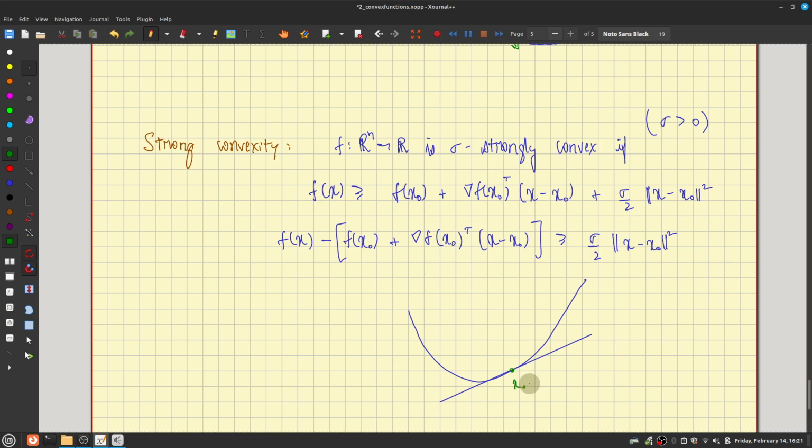Let's suppose that this is my x_0. Then this is the function value, which is essentially the y value at this particular point, whereas this is the y value for the tangent, effectively this quantity, right? So the quantity on the left hand side is essentially how far away the function is from the tangent at x.